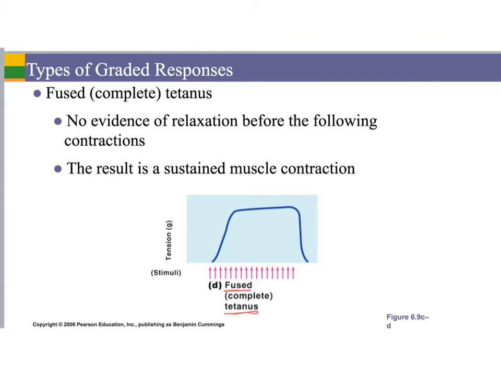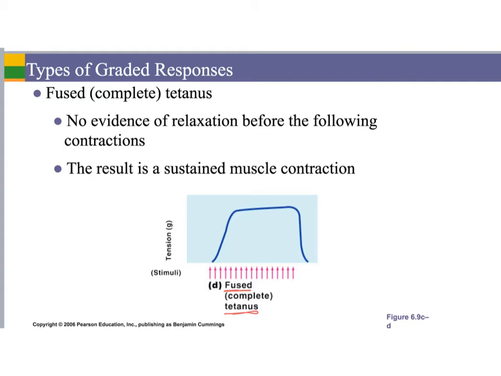So we're summing those contractions and increasing the tension on the muscle with each contraction. And then we have the unfused tetanus, right? Meaning we still have relaxation between, but very, very little relaxation. And then when there's no relaxation shown, we have something called fused tetanus, which is a sustained muscle contraction. Okay, so those are our graded responses.